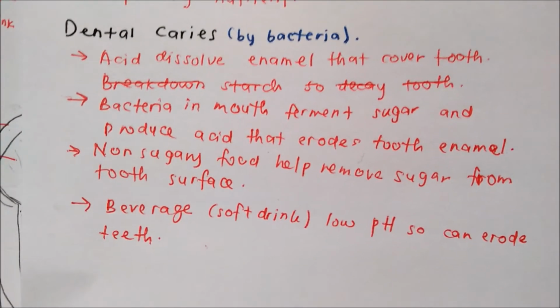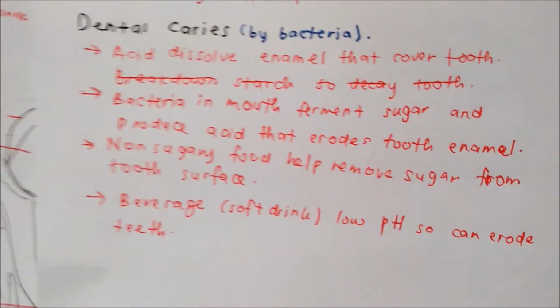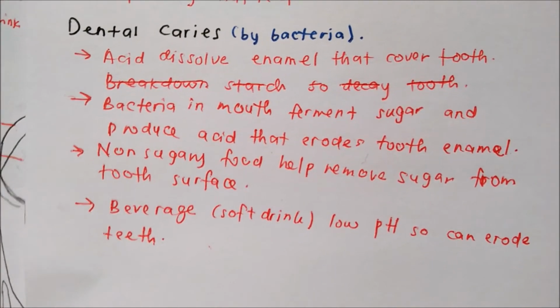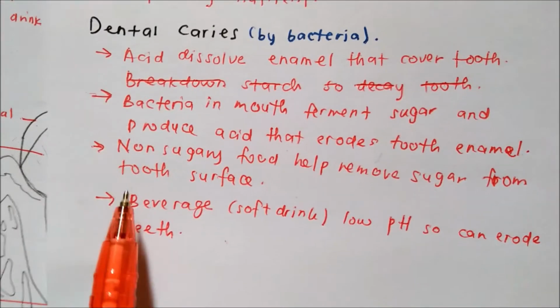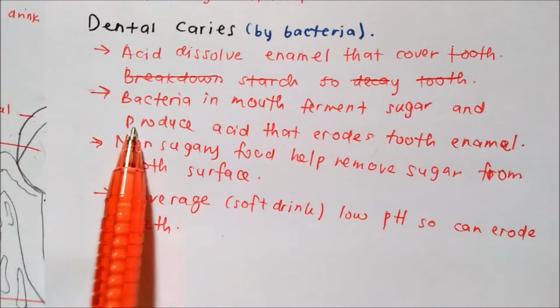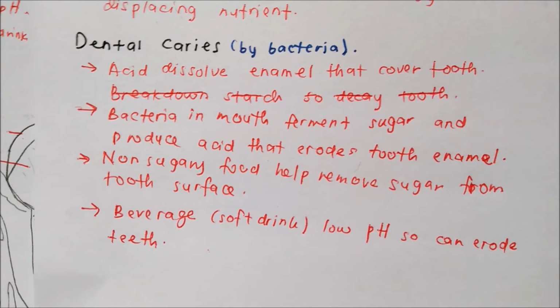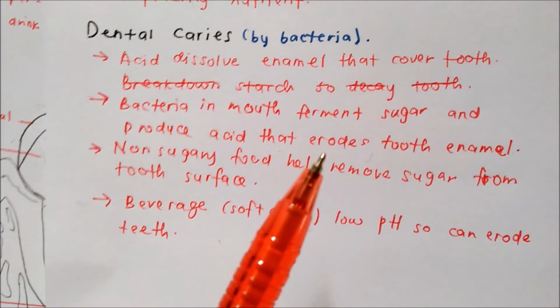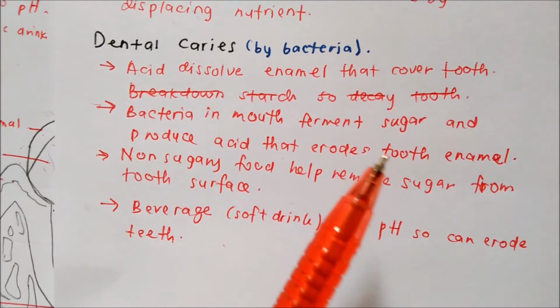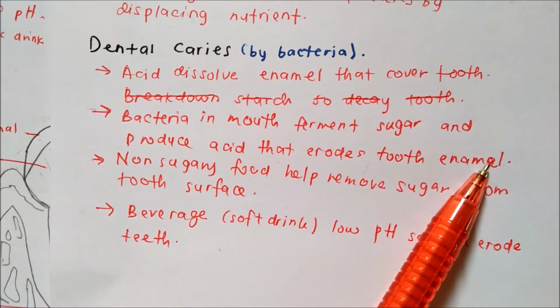So yang kedua adalah dental caries. Dental caries ni kita dapat daripada bakteria yang ada dekat dalam mulut. Bakteria kat dalam mulut dia akan ferment sugar, so dia akan produce acid yang menyebabkan erode tooth enamel.